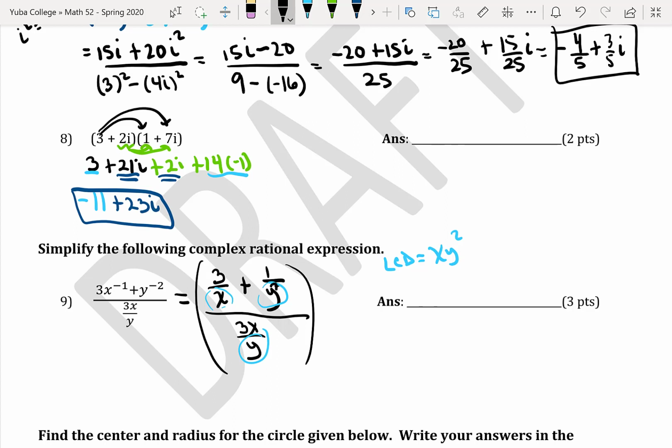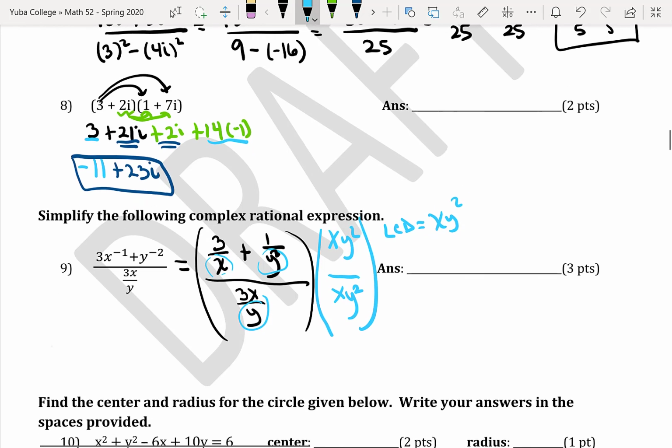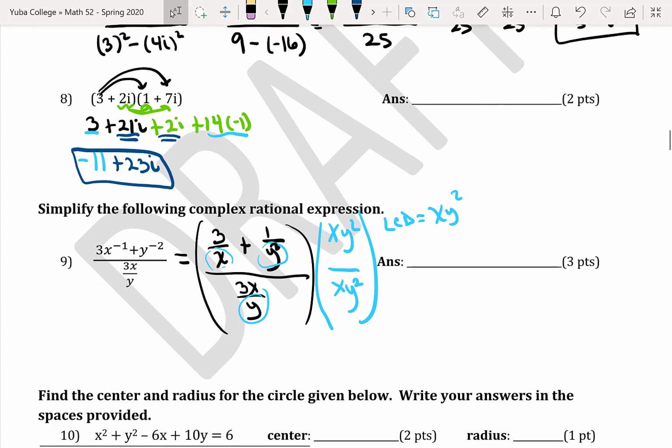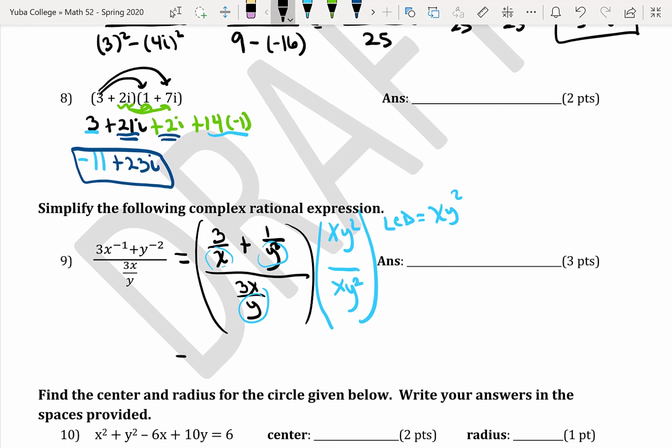The LCD is a value that all our denominators are going to divide into evenly, and so our fractions are going to disappear nicely. Distributing this, the x is going to cancel, and we're going to be left with 3 times y squared, so 3y squared, plus, when we distribute this to the 1 over y squared, the y squared cancels and you're just left with the x. All divided by, when we take xy squared and multiply it by 3x over y, one of the y's in the numerator is going to cancel with the y in the denominator.